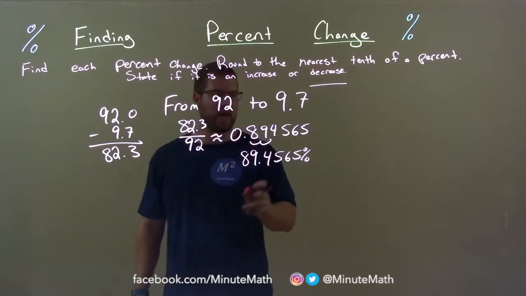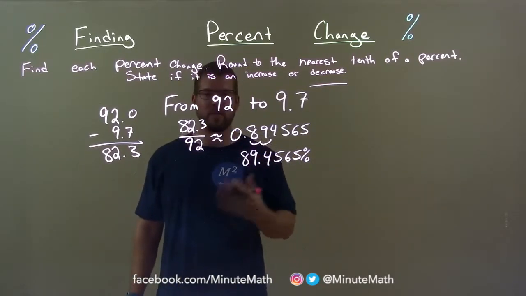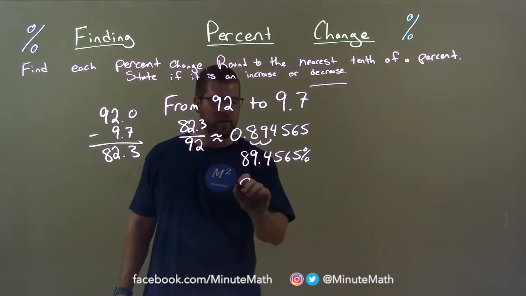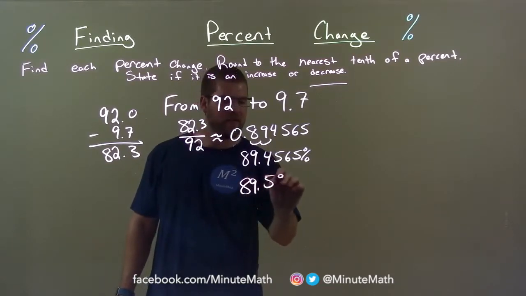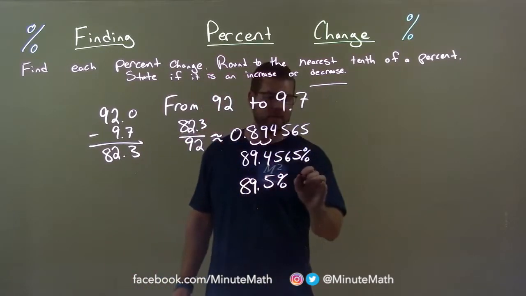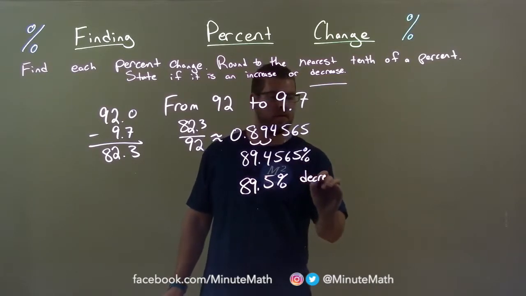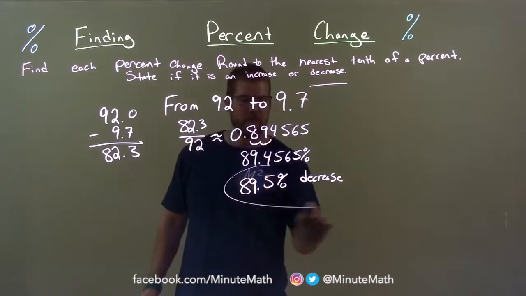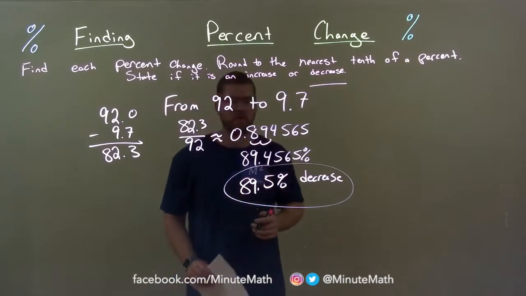Round to the nearest tenth. We look at the 5. 5 causes the 4 to go up 1. So we have 89.5% right here. We said it was a decrease. And there we have our final answer, 89.5% decrease.